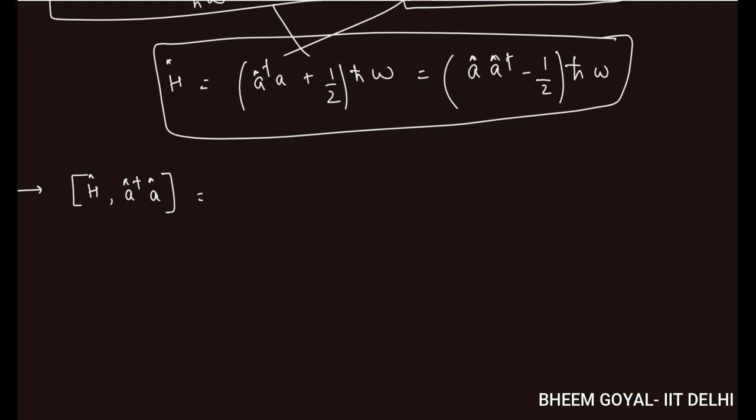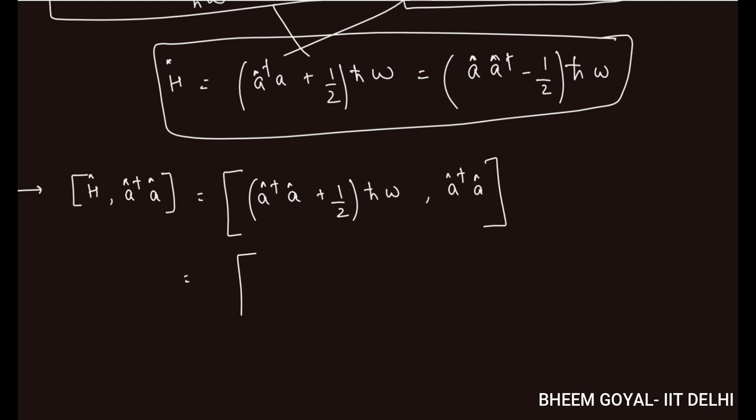So let's actually prove it. I can write the Hamiltonian as h bar omega a dagger a plus half h bar omega, commuting with a dagger a.